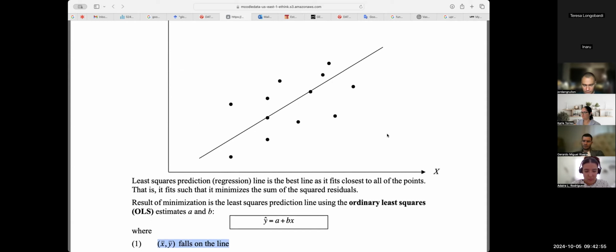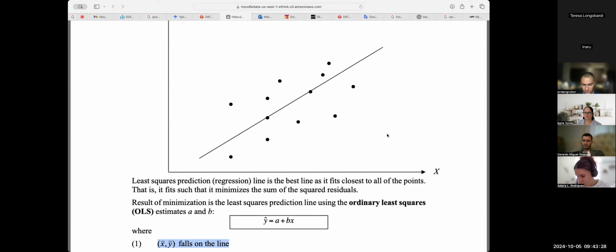Okay, so the least squares prediction line is the line that fits closest to all of the points. So a line that fits closest to all the observations in the XY space must include X bar, because X bar is the value that is closest to all the other X values.